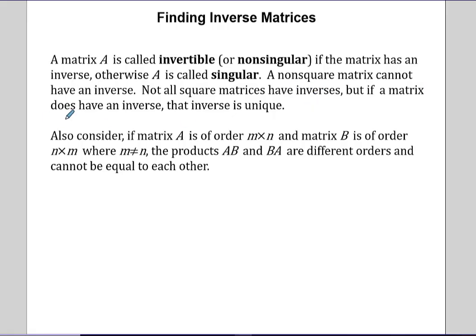But if a matrix does have an inverse, then the inverse is unique. Also, if matrix A is order m by n, and matrix B is order n by m, and the row is not the same as the column, then those products are going to be different orders and they can't be equal to each other.